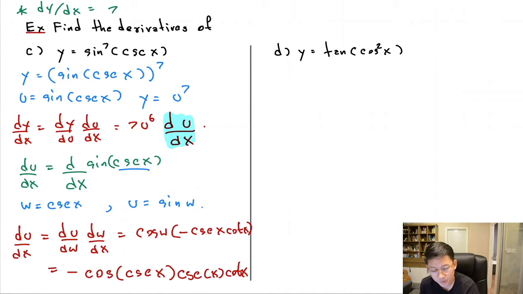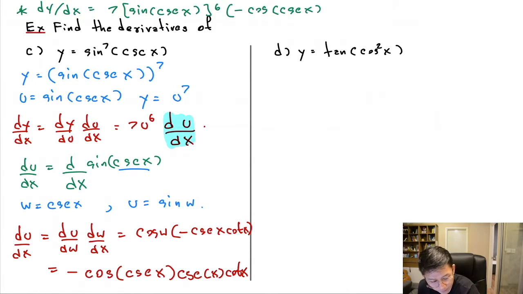But what is u? u is sine of cosec of x, to the power of 6 times minus cos of cosec of x, cosec of x, cot x. Okay, and that is the solution. You can make it look prettier, but I think it's fine. Just leave it like that.